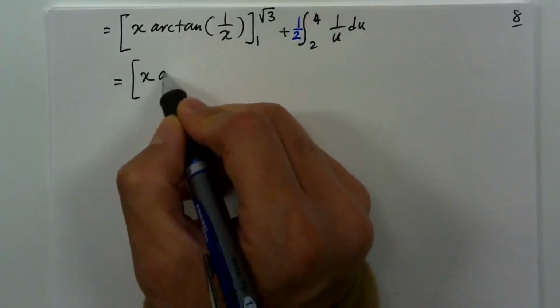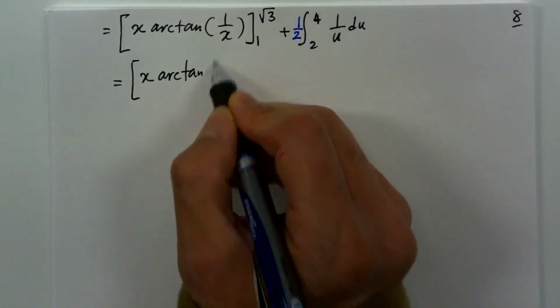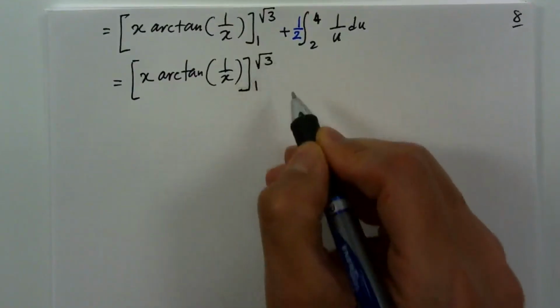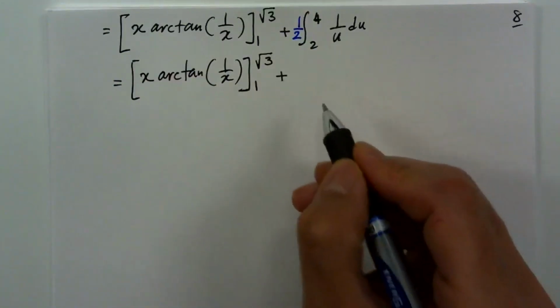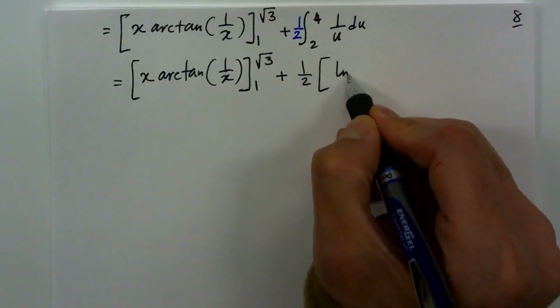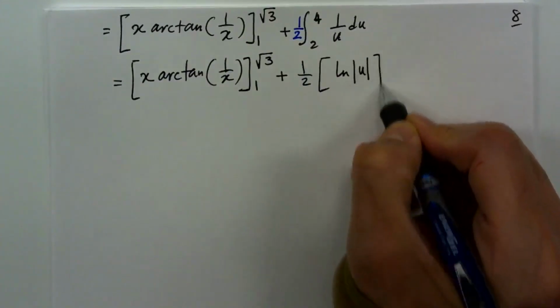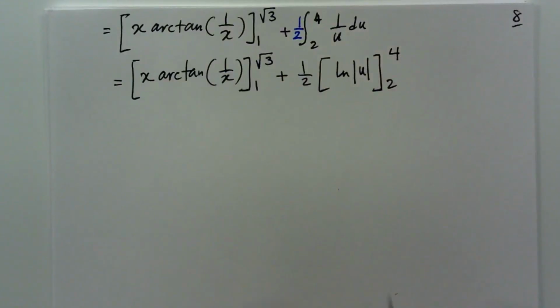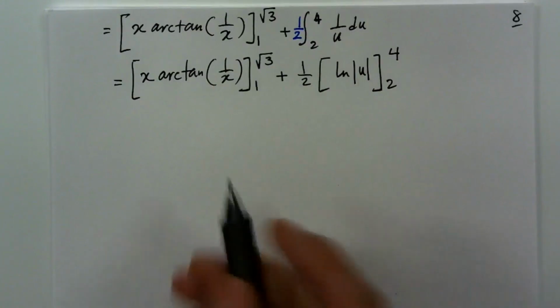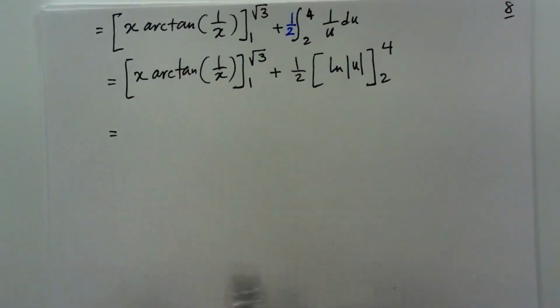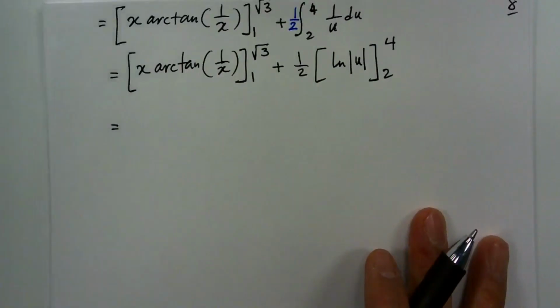So we have x arc tangent 1 over x going from 1 to square root of 3 plus 1/2 ln|u| from 2 to 4. Okay, that's just integration of that. And now we can apply the limits of the integral and calculate the final result.